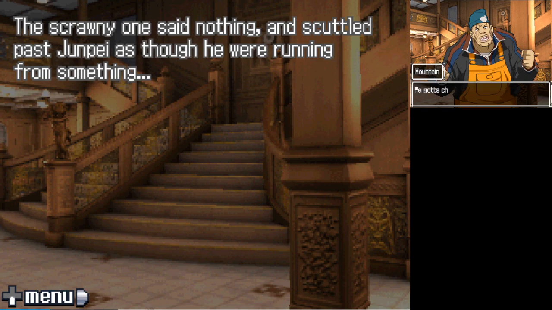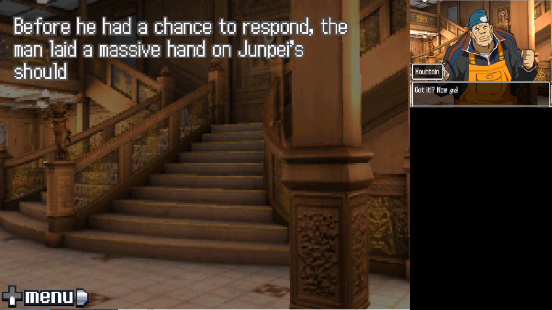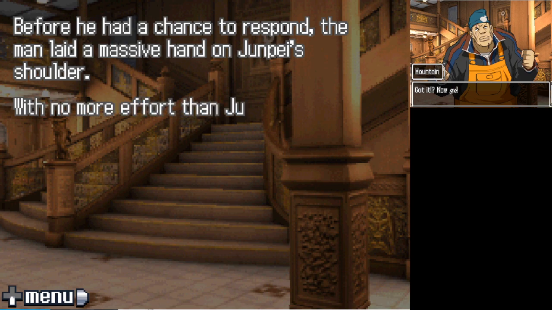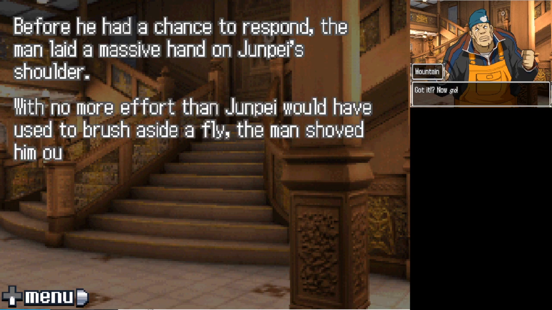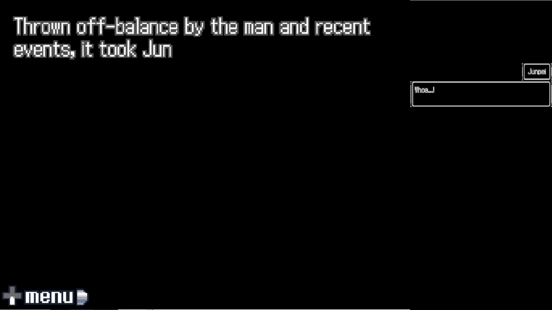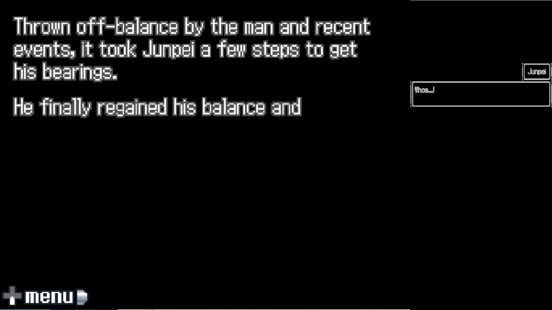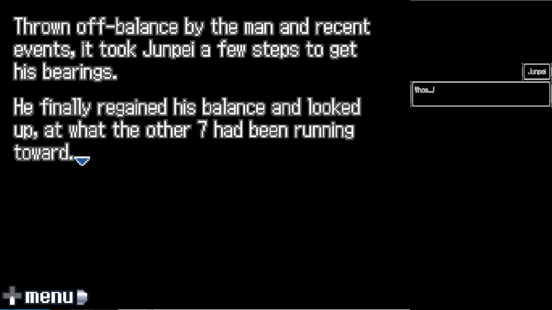Doors on A deck are no good. Gotta go check the doors on B deck. Got it? Now go." Before he had a chance to respond, the man laid a massive hand on Junpei's shoulder. With no more effort than Junpei would have used to brush aside a fly, this man shoved him out of the way. "Whoa!" Thrown off balance by the man and the recent events, it took Junpei a few steps to get his bearings. He finally regained his balance and looked up at what the other seven were running toward.